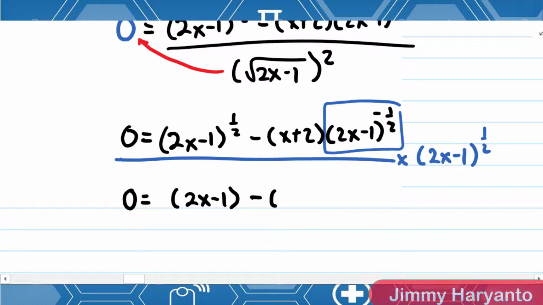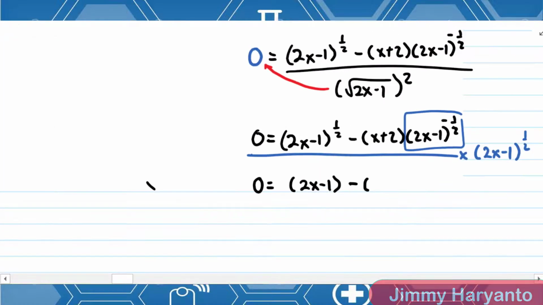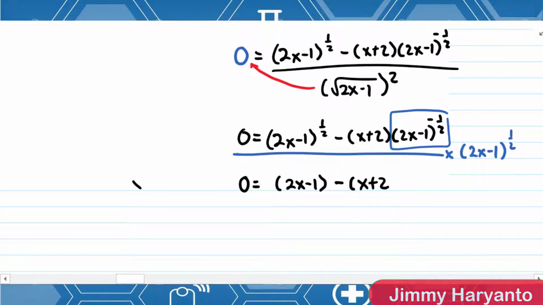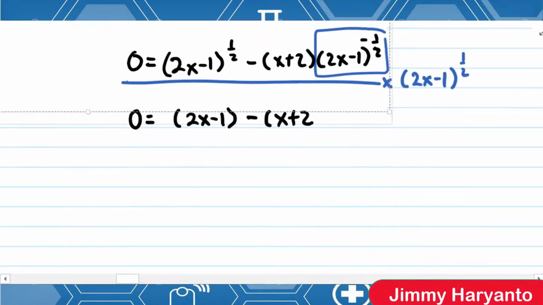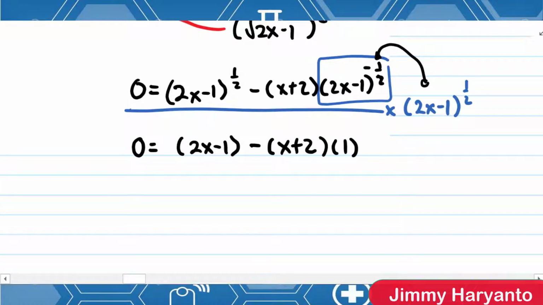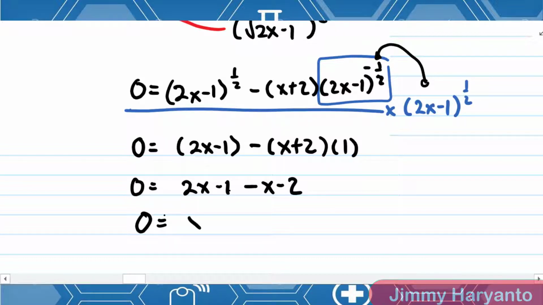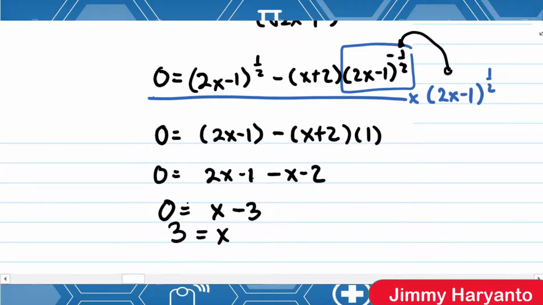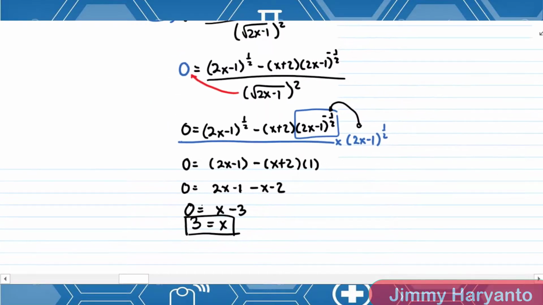And the next will be x plus 2. This times this will be (2x minus 1) to the power of 0, and to the power of 0 means 1. Okay, let's simplify it one more time. 2x minus 1 minus x minus 2, 0 equals x minus 3. x equals 3. Okay, we already have the x coordinate of the stationary point.